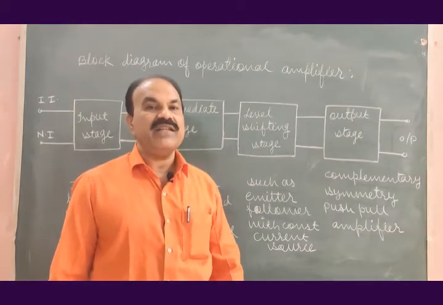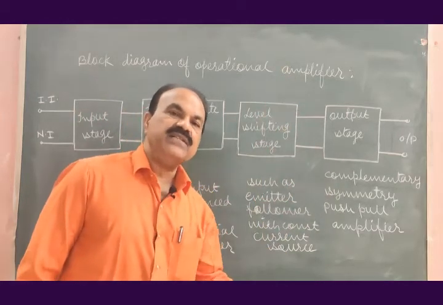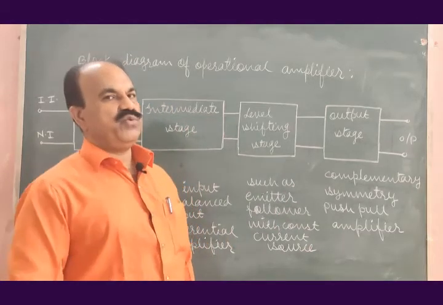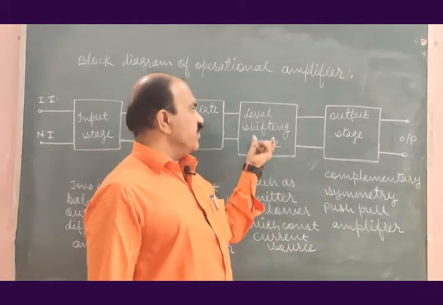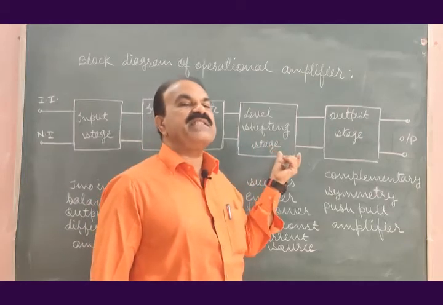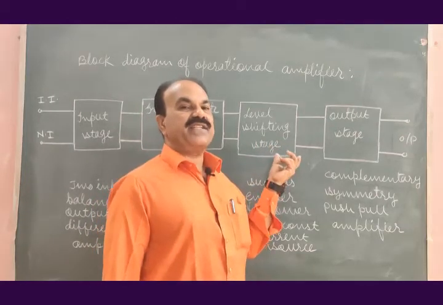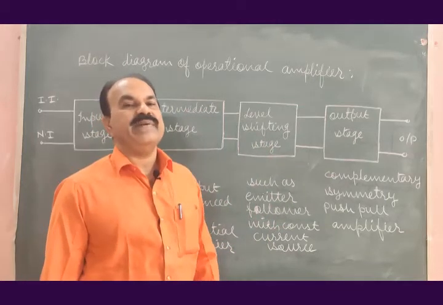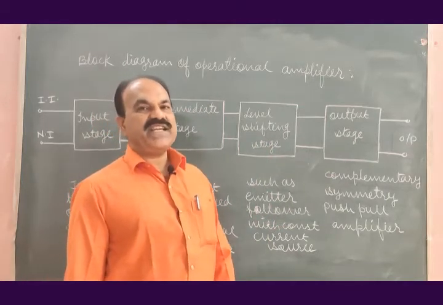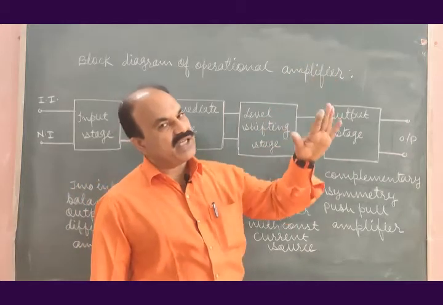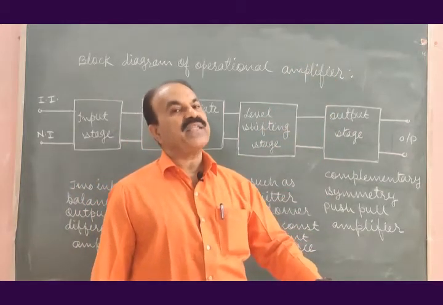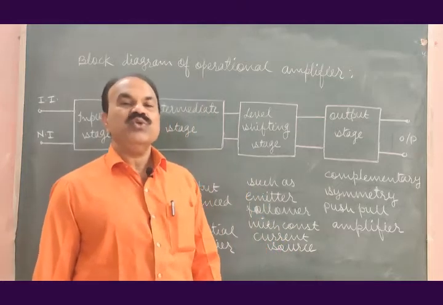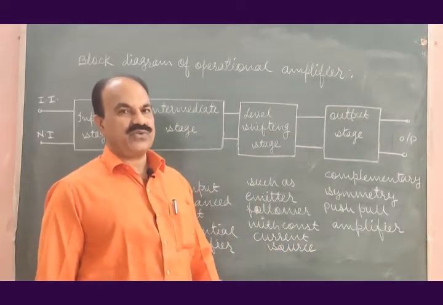This DC level is to be taken down to its original value with respect to ground. For that purpose, level shifting stage is needed, and the third stage is the level shifting stage. This stage is used to get down the DC level to its original value with respect to ground.